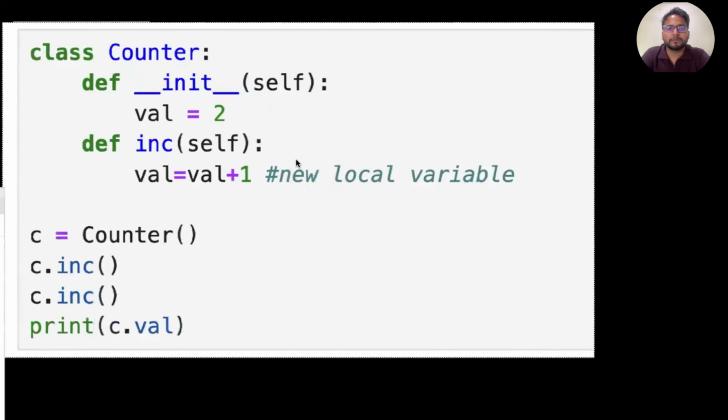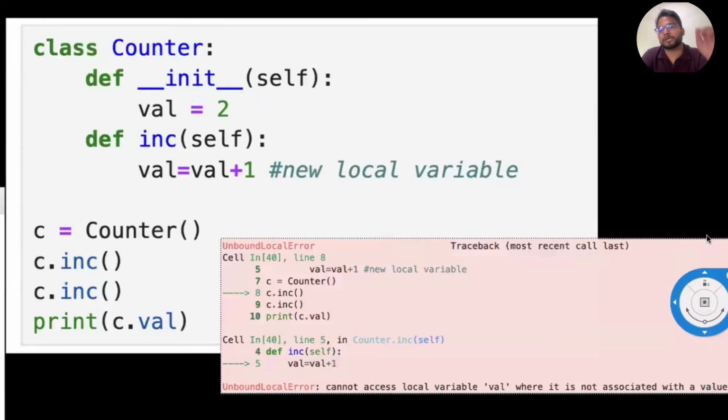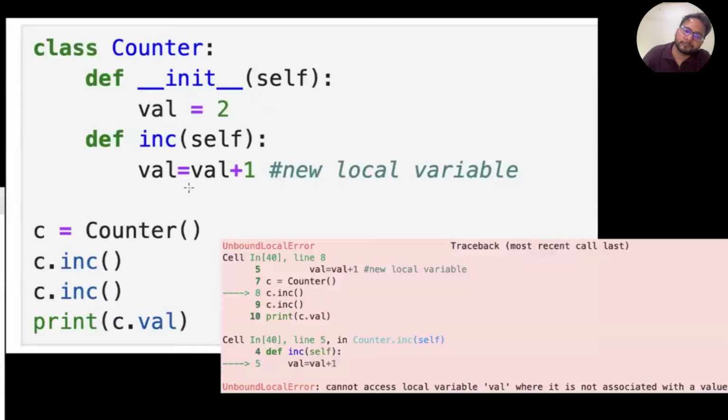Is this okay to everyone? That is why the error is here? Because both vals are different. Both are local variables. So that is the reason that it will print the same error. And in both the cases, the val is not having any value. Okay. Is this understood, the meaning of self? So this val and this val are different.